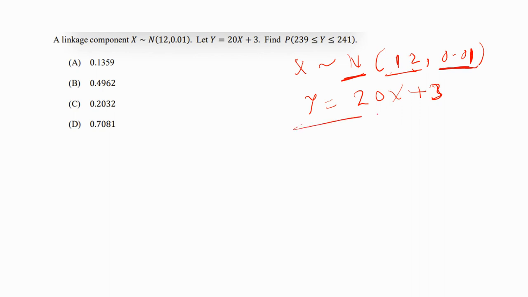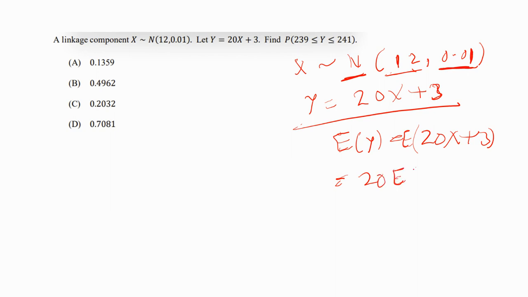So y is 20x plus 3. I have told you earlier, what is the expectation of y? It will be the expectation of 20x plus 3. So it will be 20 times the expectation of x plus the expectation of 3.